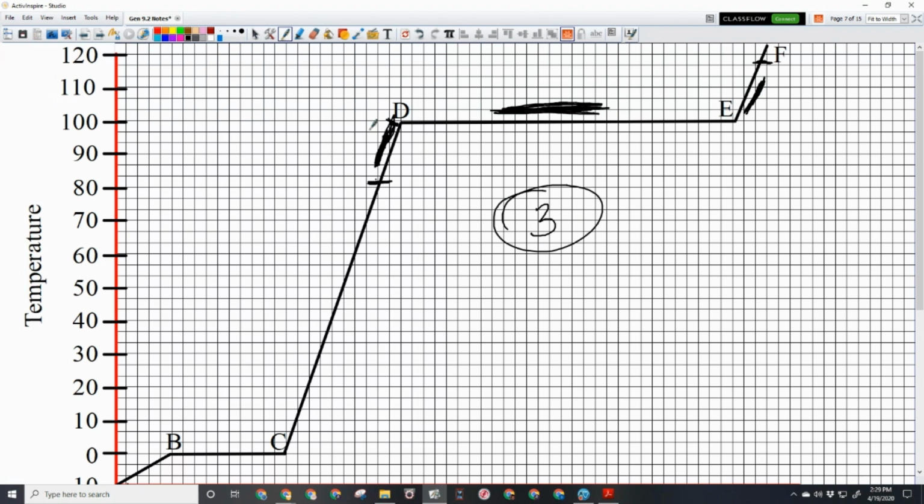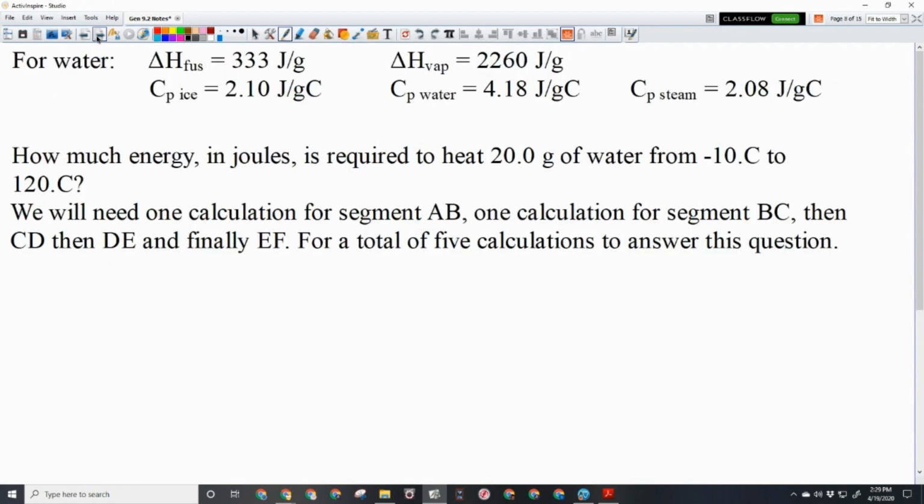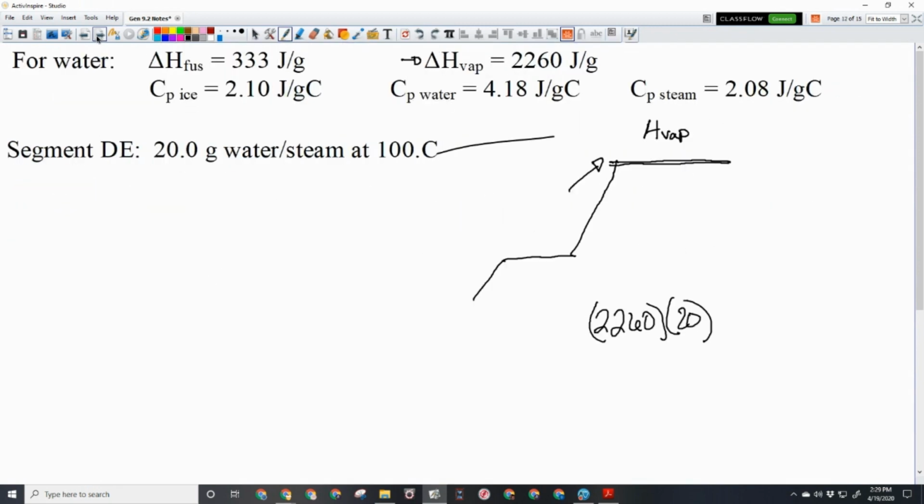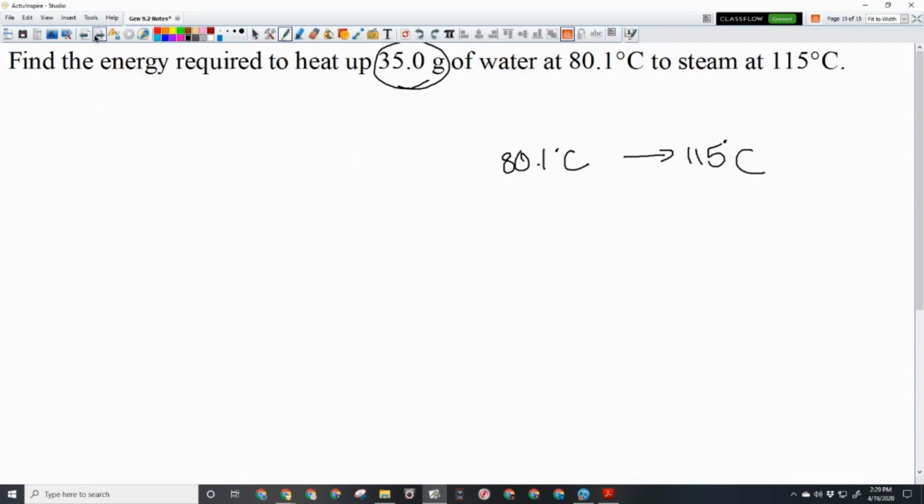So make sure that you understand that. Make sure that when you look at the questions for your practice problems, you recognize where this is on the heating curve, and then look and see what calculations you're going to need.